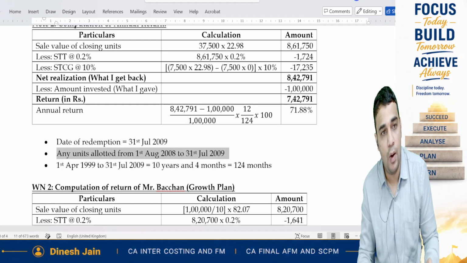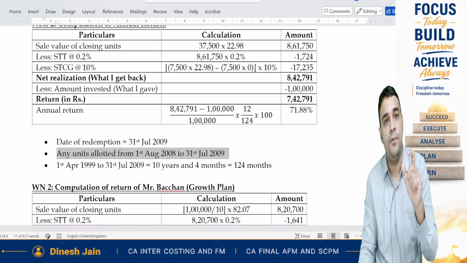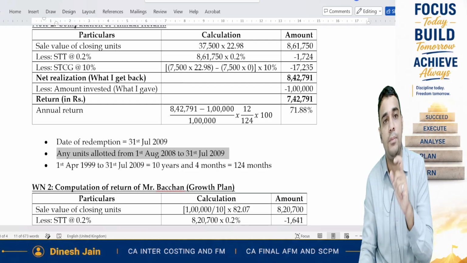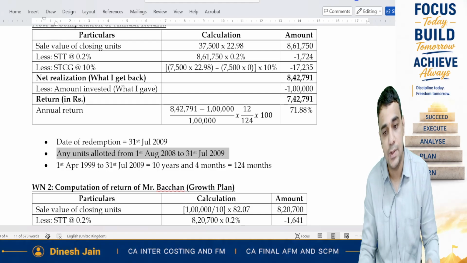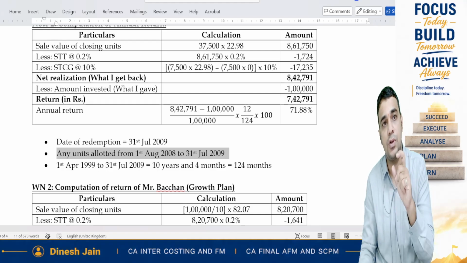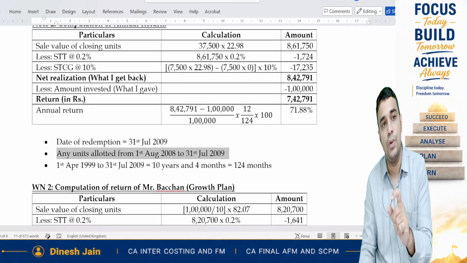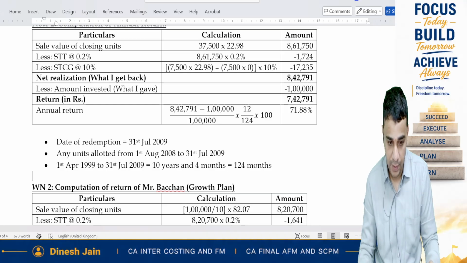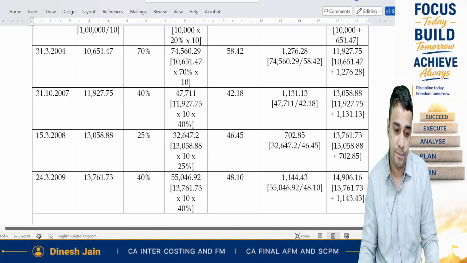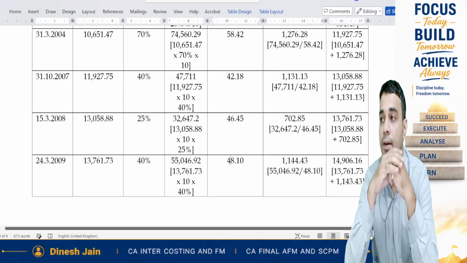Any units allotted in this time frame will qualify under short term capital gain. If you look at the date, any unit allotted here.